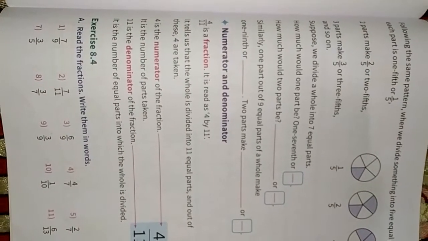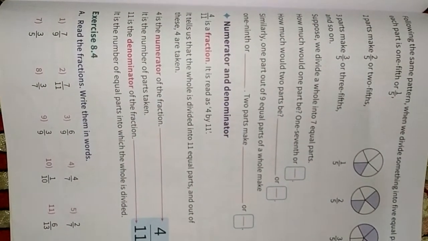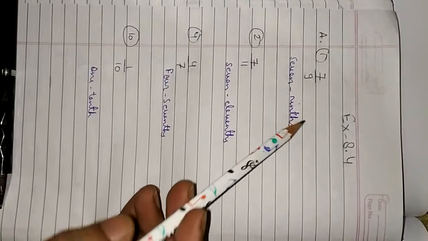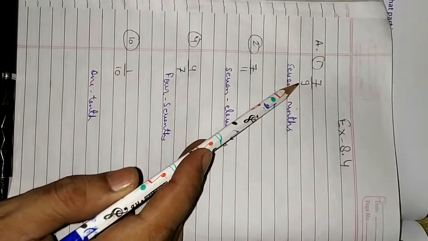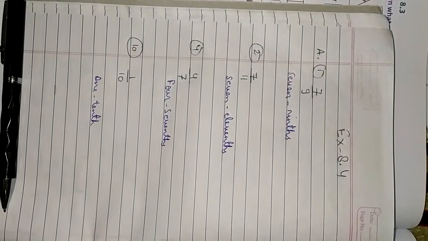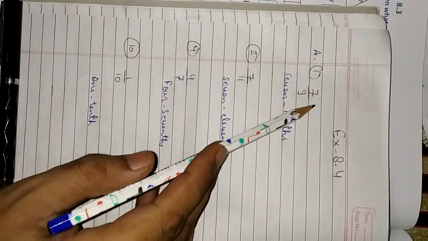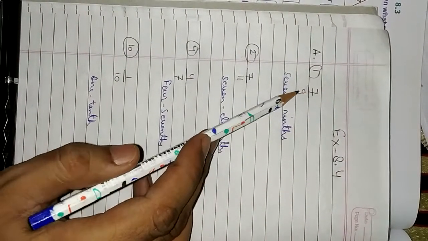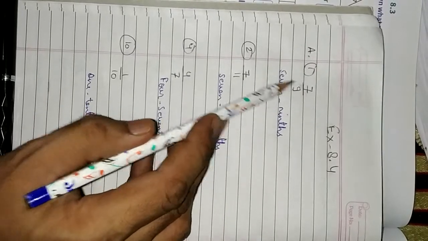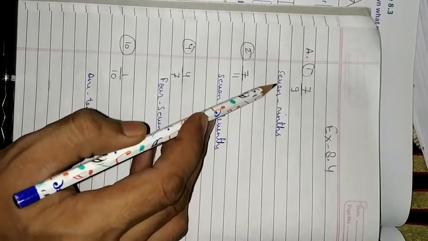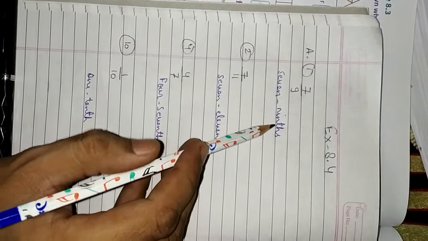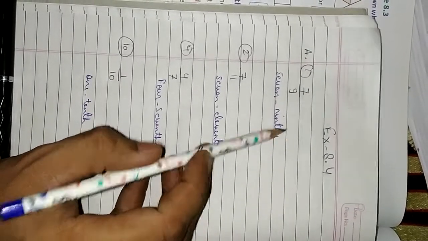Exercise 8.4. Read the fractions and write them in words. First, the fraction is 7 by 9. Now we have to write it in words. So 7 is the numerator and 9 is the denominator. First we write the numerator, 7, as a number name, and in the denominator we have to use th.